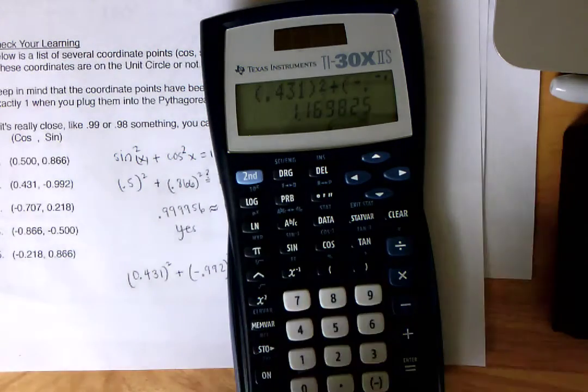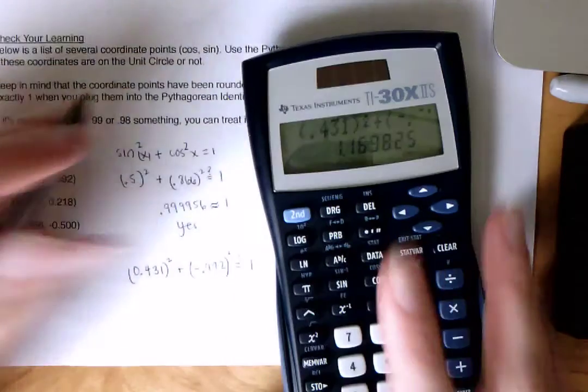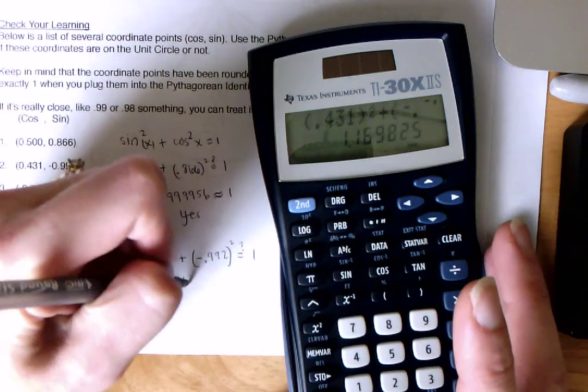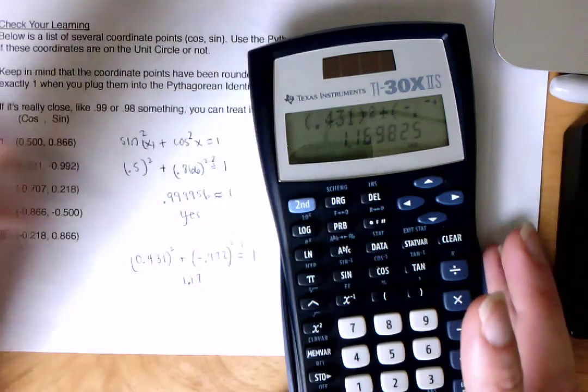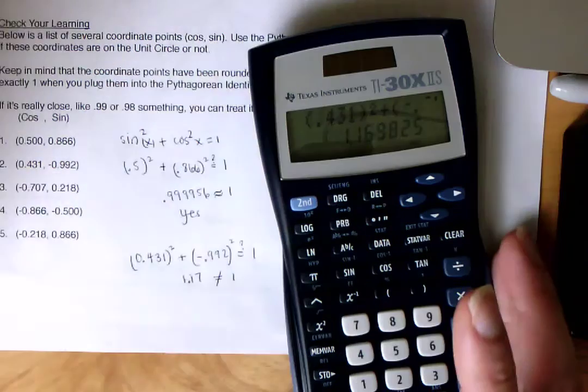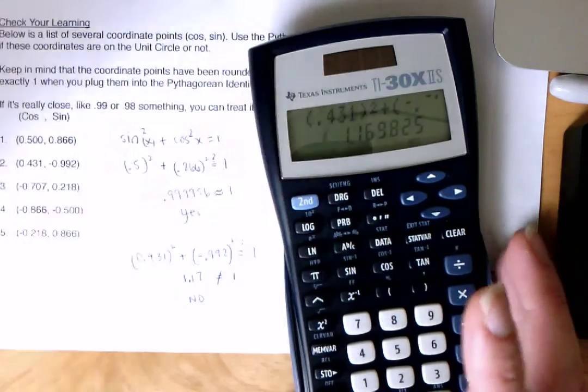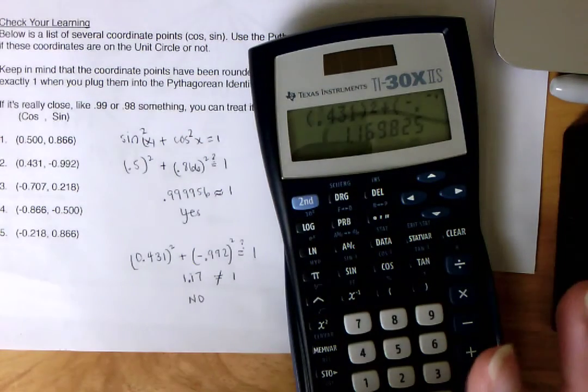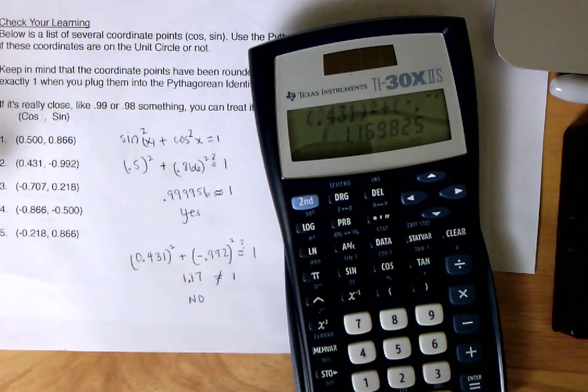We get 1.17, and now that's not close enough to 1. If it was like really, really close, that's different, but this is not equal to 1. So I'm going to say for this one, no. That point is not on the unit circle. So that's what you have to do. So finish those last couple, those last 3, and just work on the rest of the worksheet.